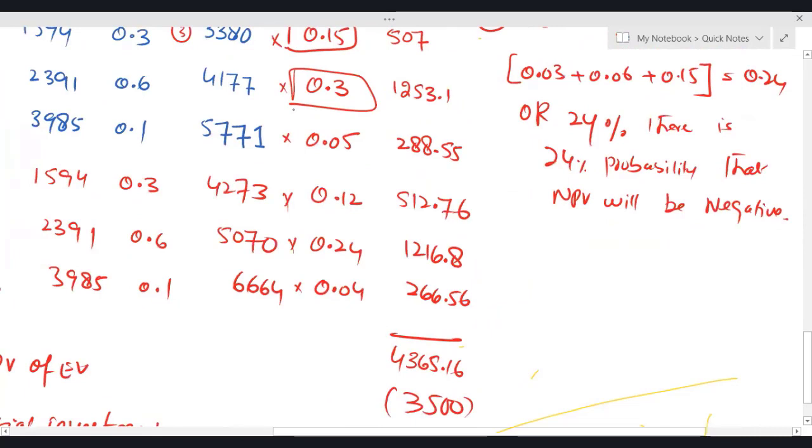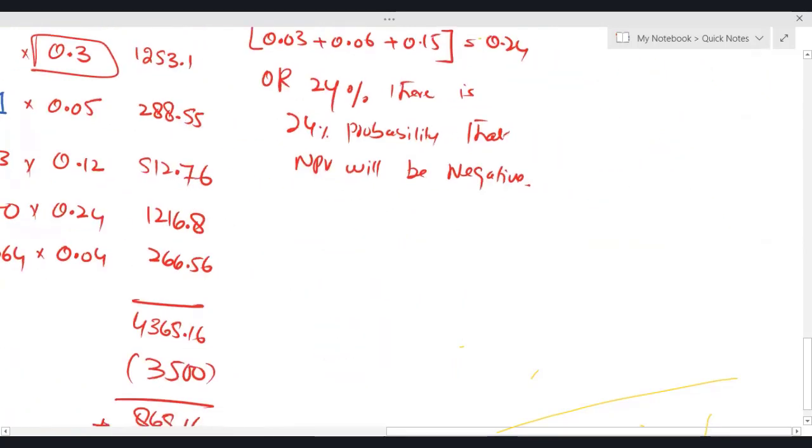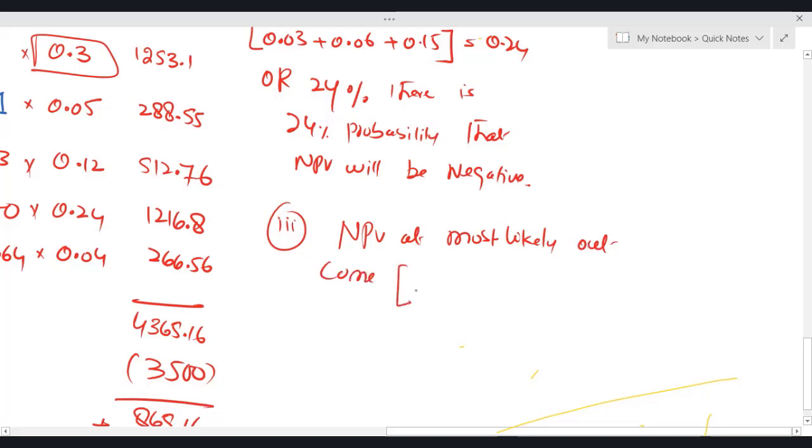At 30%, the present value is 4177. Which means the NPV at the most likely outcome, which is 30%, is 4177 minus 3500. We will be getting 677.